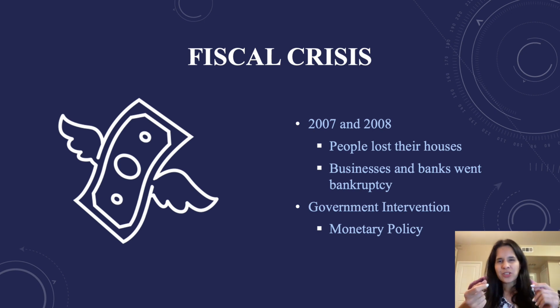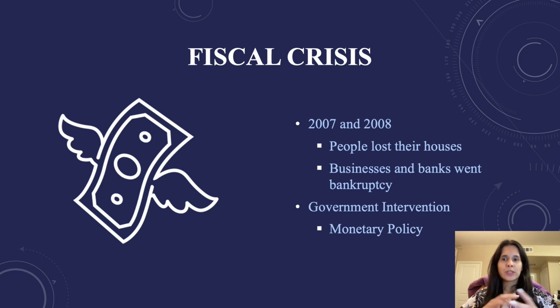Of course, this is just a brief. The crisis was more complex than that, but what was important here is that we had the intervention of the government through the monetary policy.